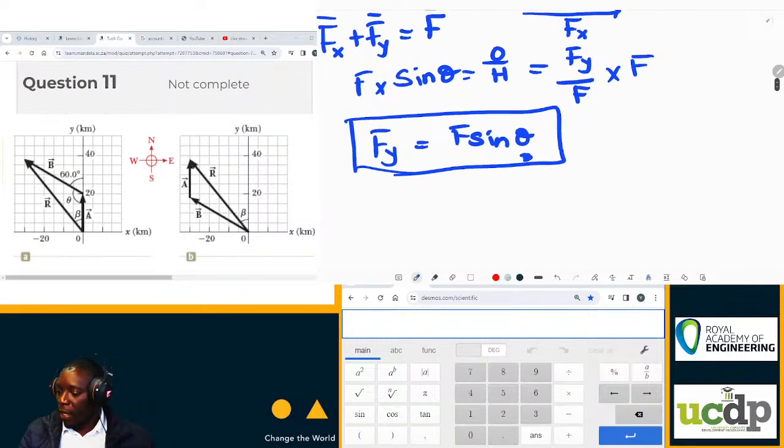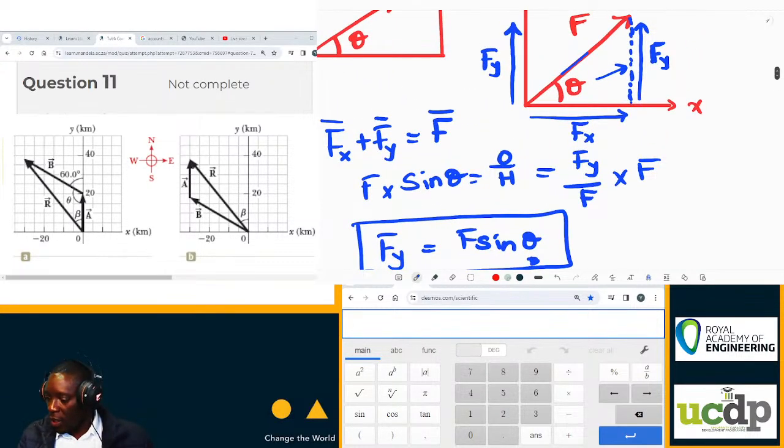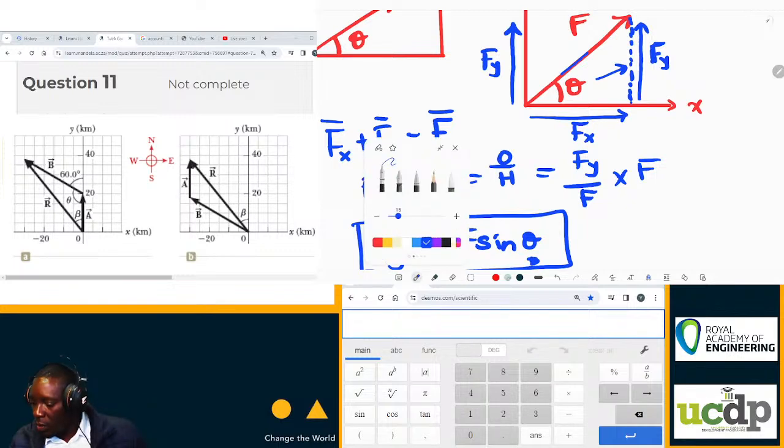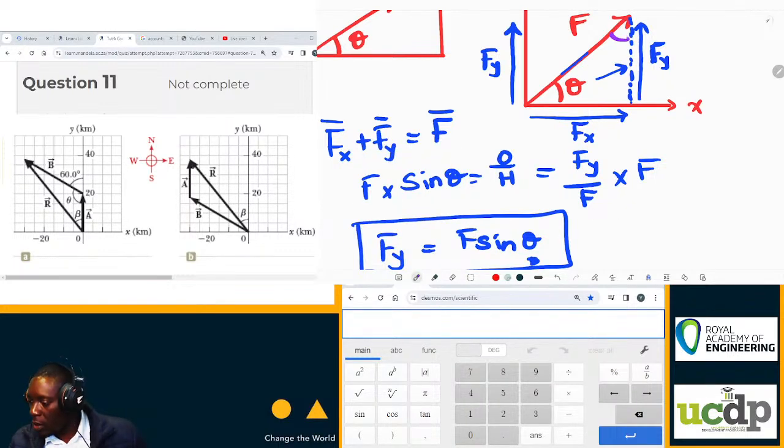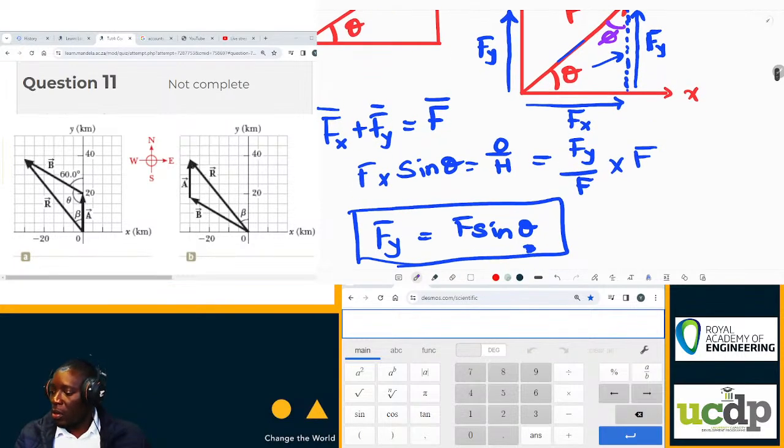Then what it means is, if we were given an angle here, this angle here, and we call it phi, then it's now different. Fy is now equal to, remember the opposite is now x, and the adjacent is y.